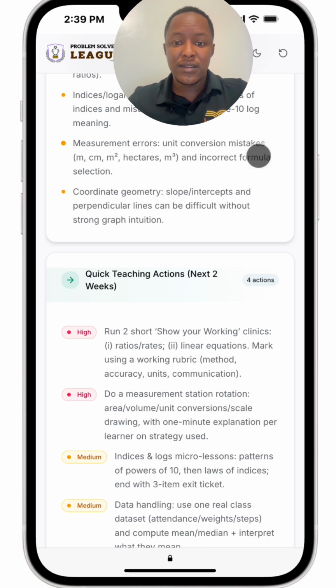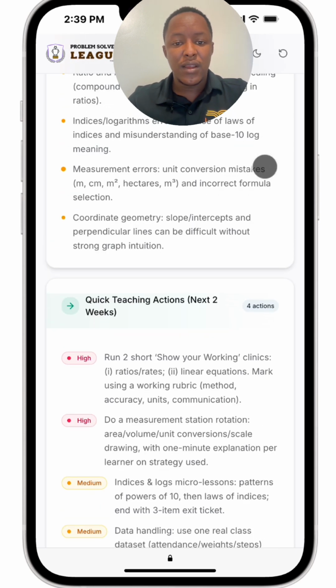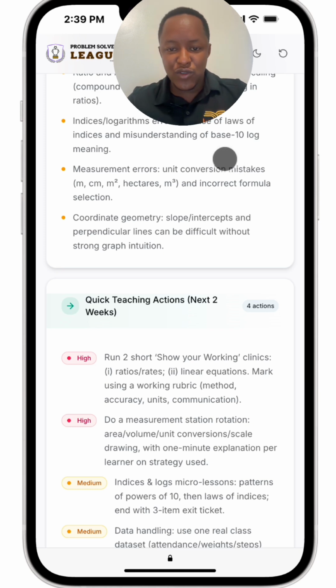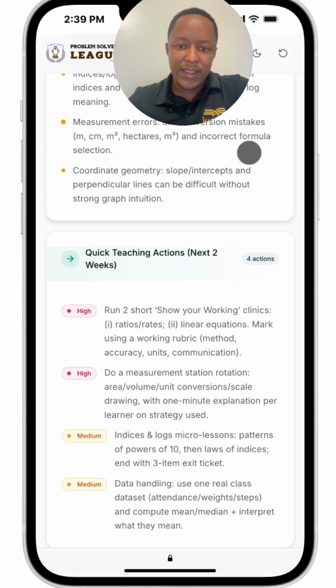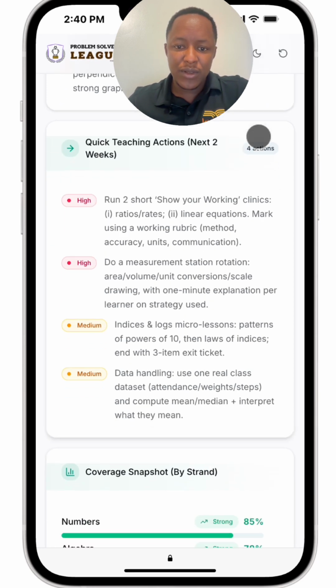Measurement errors and unit conversions, whether from meters to centimeters and vice versa, or converting volumes, which again requires that you multiply. Let's say if you're converting a centimeter cubed into a meter cubed, you need to understand what that means when you're multiplying. And then geometry is also important.